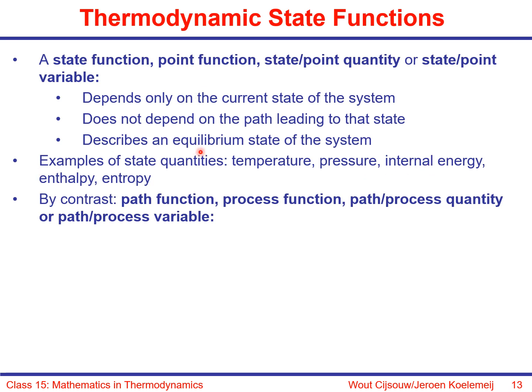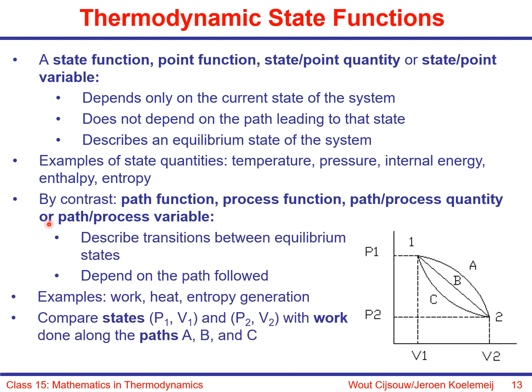And this contrasts path functions, which are also called process function or path process quantity or path process variable, which describe transitions between equilibrium states as shown in this diagram here. This is a PV diagram. You have one state function here in 1, and there's another state function characterized by P2 and V2.